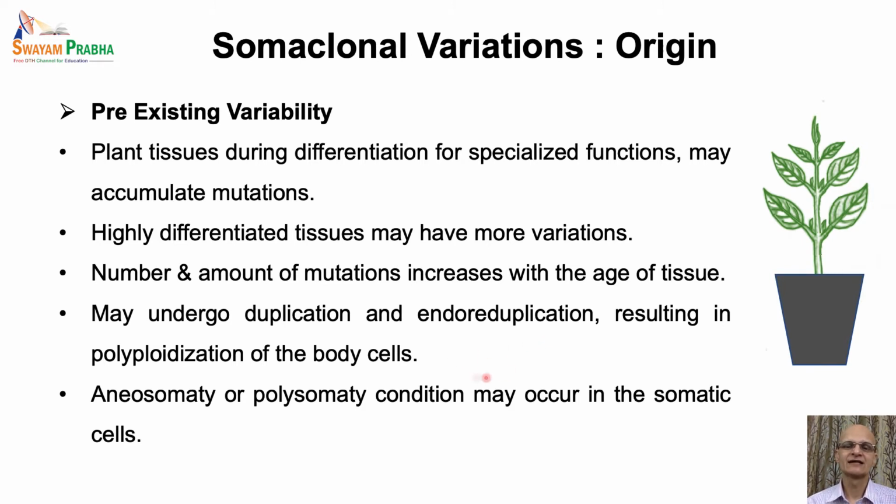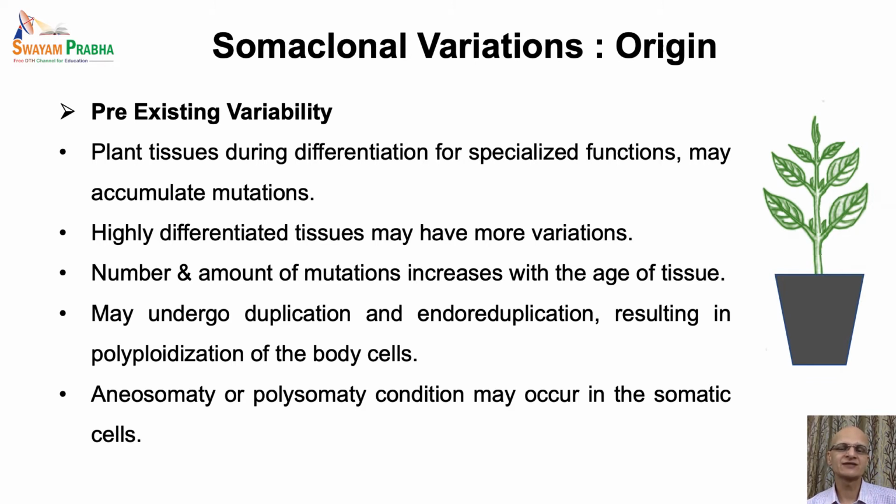That means the specialized somatic cells in a diploid plant may have different ploidy levels. In other words, aneusomatic or polysomatic conditions may arise in the somatic cells, and these conditions are very common in the vegetative parts of the plants.